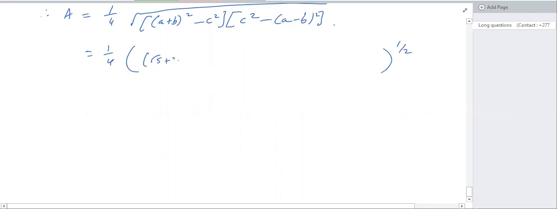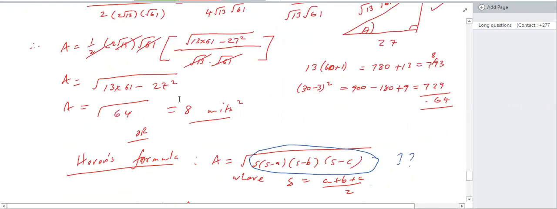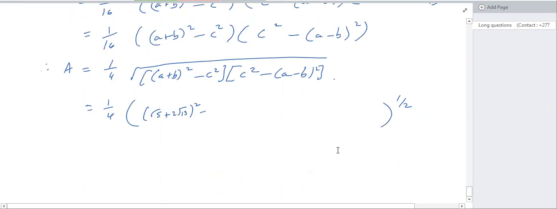B was 2 root 13. C squared was 61, yes, 61. So 61 into C squared, which is 61 minus root 5 minus 2 root 13 squared.